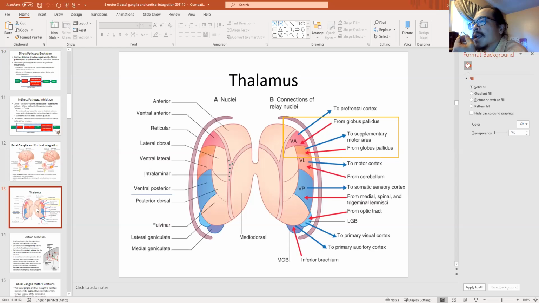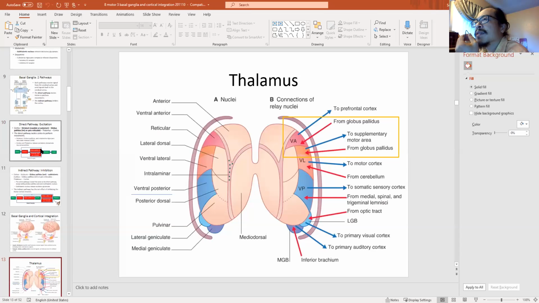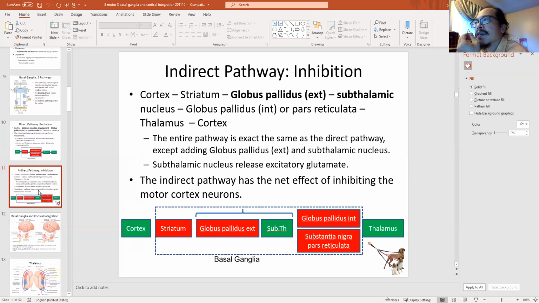So that's that. And with this in mind, this direct pathway and the indirect pathway, we then can use this finding to explain a lot of movement, even though it's voluntary movement, but to explain why people behave a certain way.